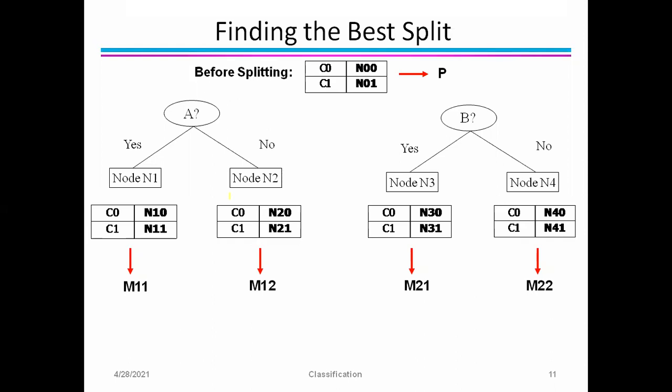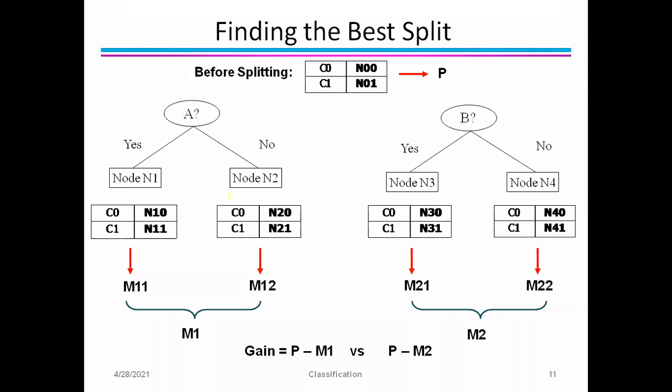This is for the child nodes: M11, M12, M21 and M22. Using this, which one is better? You assign it to M1. Then M21 and M22 we have. Again, you assign it to M2. Among these two, you consider the gain. So gain is P minus M1 versus P minus M2.